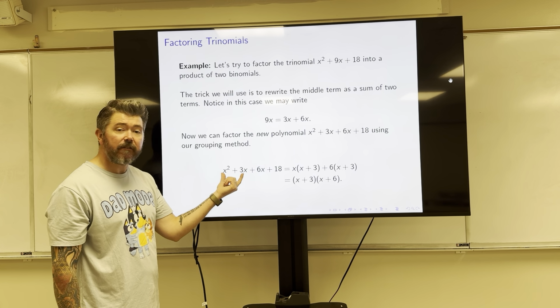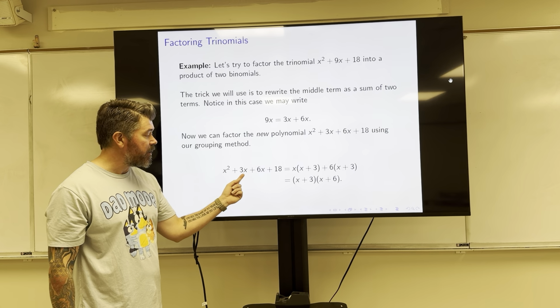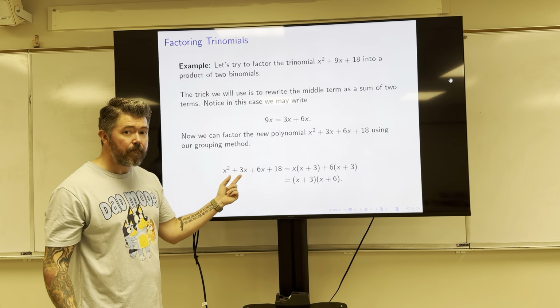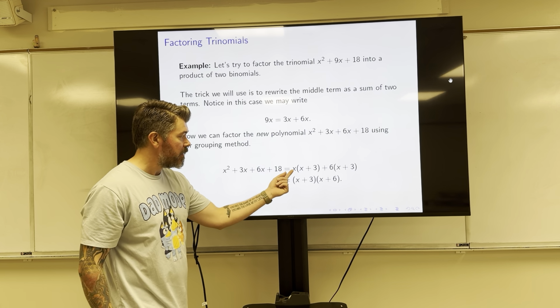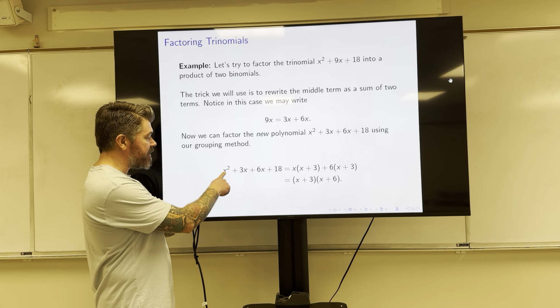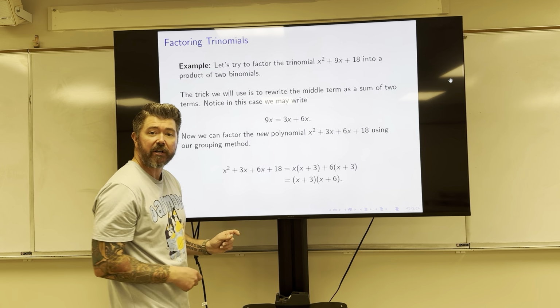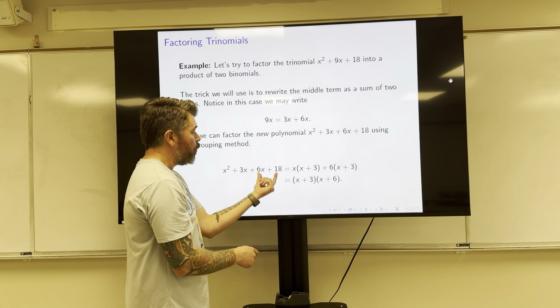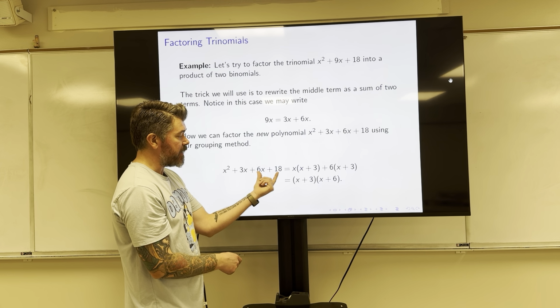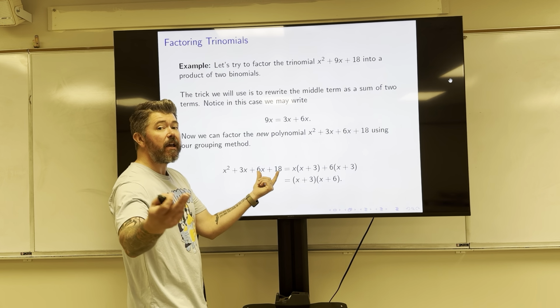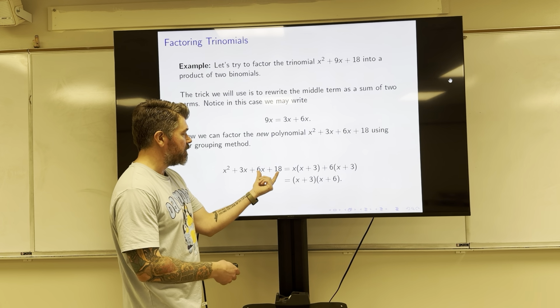Okay, so let's look at the first two terms. X squared and 3x, what's in common? X, and then what's left over? If I take away an x, I have an x. If I take away an x, I just have a 3. What's in common with 6x and 18? And we all say 6, right?